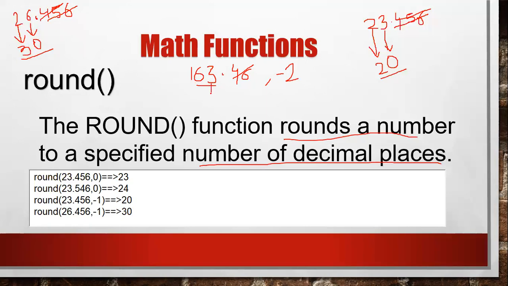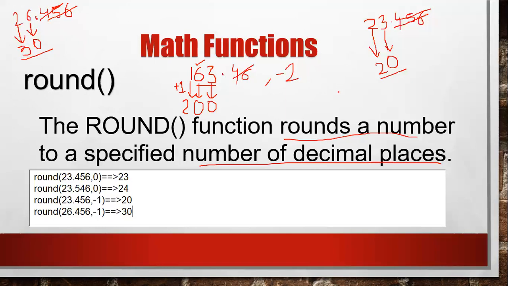So this 3 becomes 0, this 6 also becomes 0, and then we have 1. So now the last digit which we turned to 0 is 6. As 6 is greater than 5, 1 is added to this 1, and we are getting the answer as 2. So that's where we are getting 200.